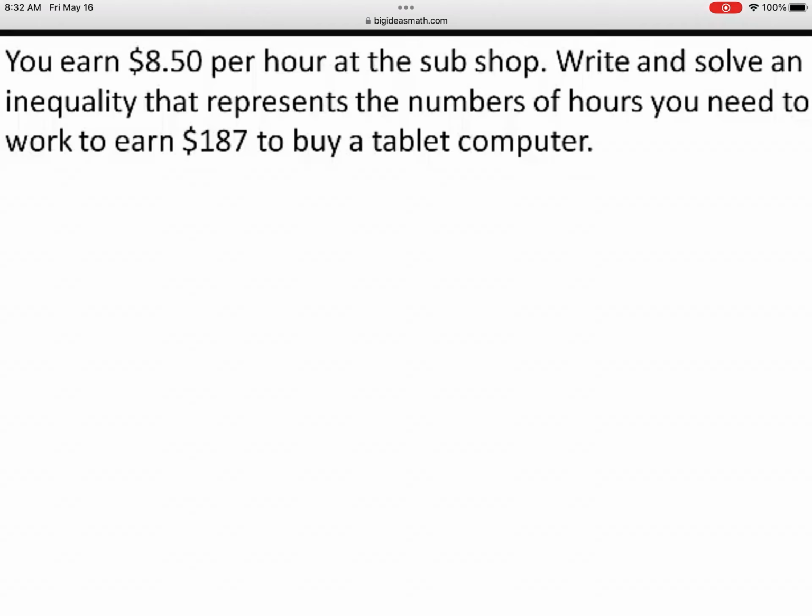Write and solve an inequality that represents the numbers of hours you need to work to earn $187 to buy a tablet computer.